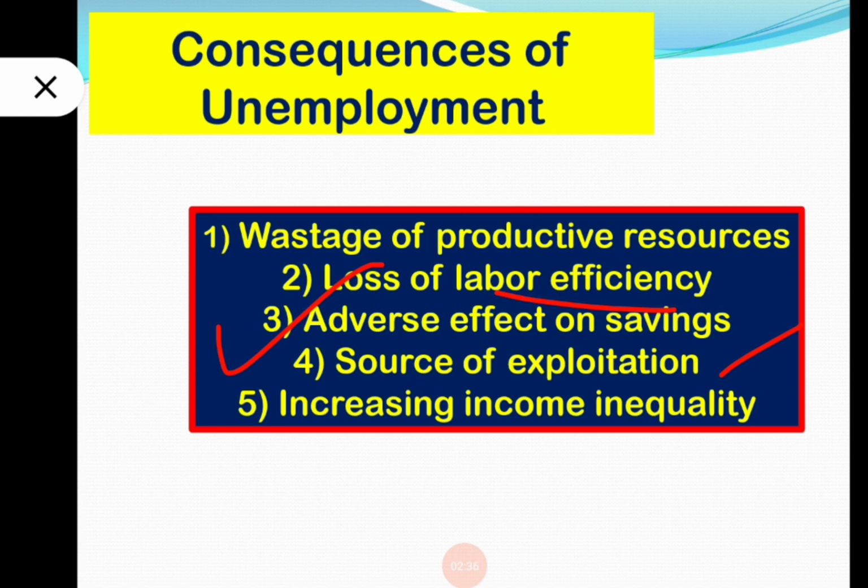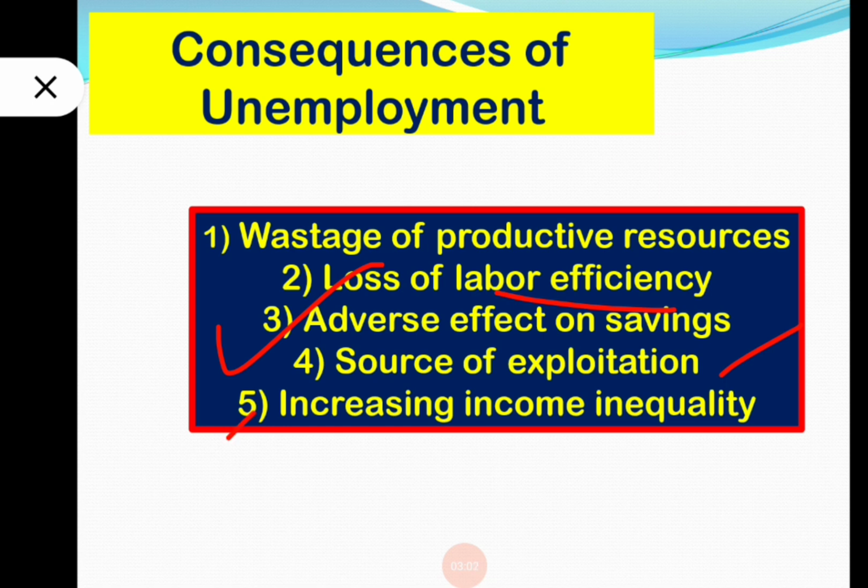In fact, the workers would be under the constant threat of losing their jobs. So it indicates exploitation. Unemployment leads to oppression and exploitation, and it is one of the most important consequences of unemployment.